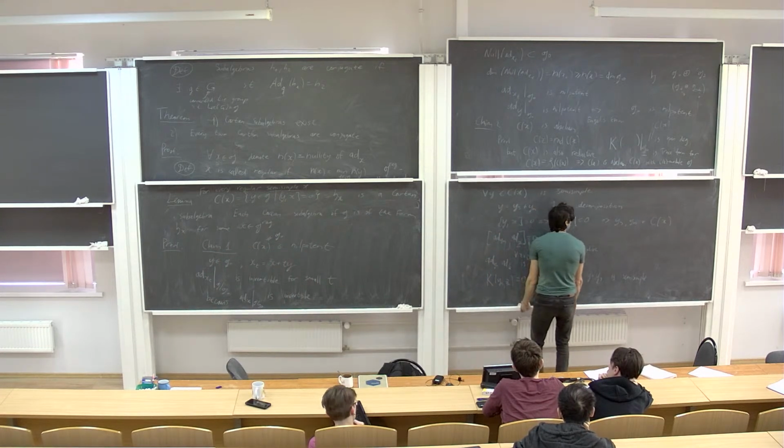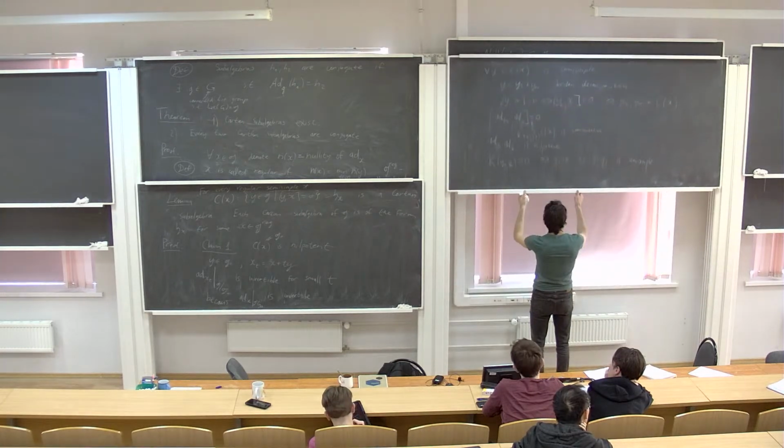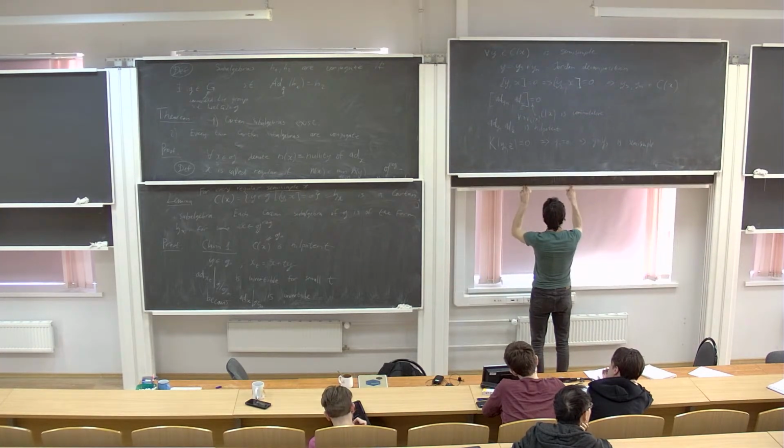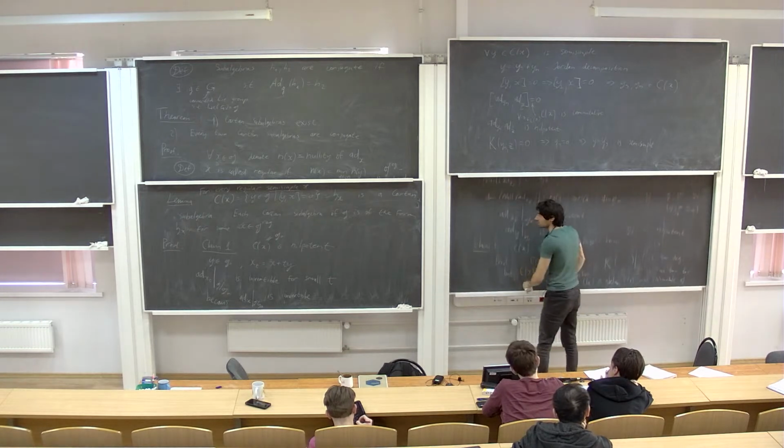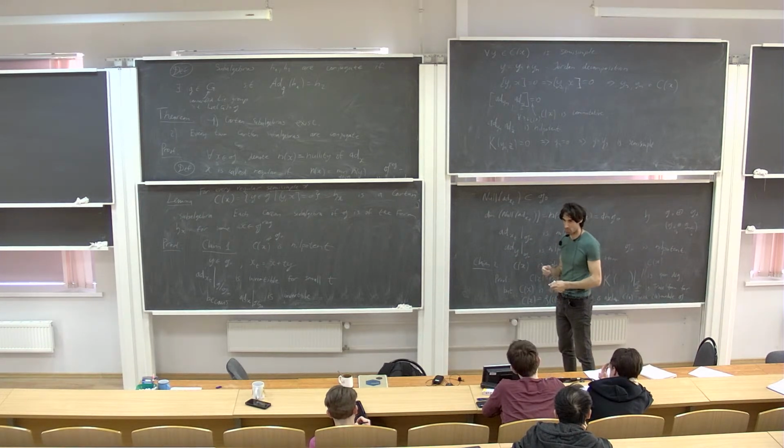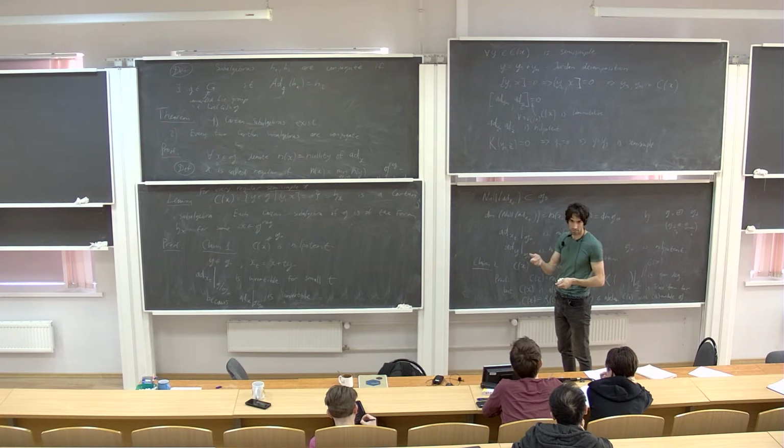So let me take some regular element. Regular elements I do have, because G regular is an open dense subset. Actually, it's the complement of some algebraic set.